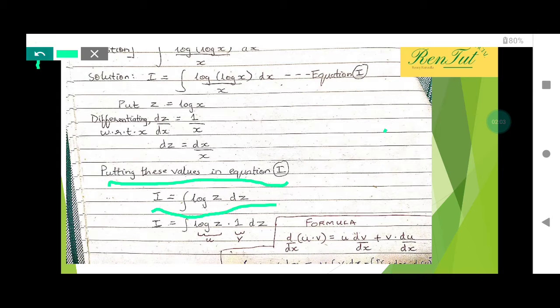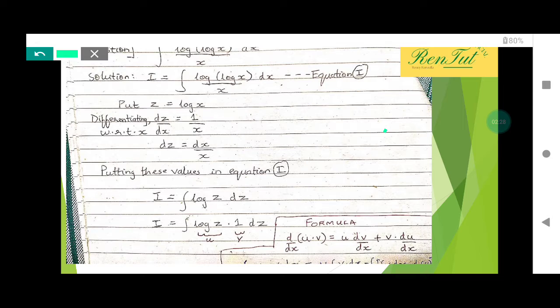Now if you see clearly, since there is no number over there, we will be putting 1 as a number. Even if you put that number 1, the value won't change. So we are putting this log z into 1. Why we are putting it, I'll tell you right now.